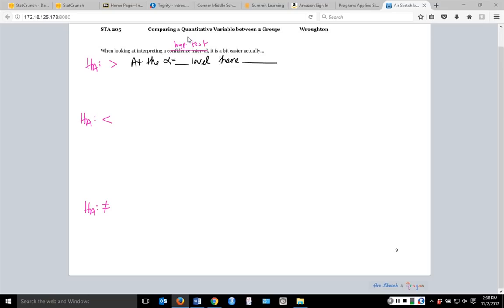And so when we have the greater than, our interpretation always will start at wherever our alpha level is. There either is or isn't statistically significant evidence to support that the mean, whatever we're talking about, is higher for this group than for that group.